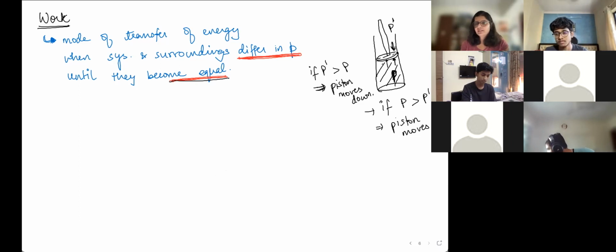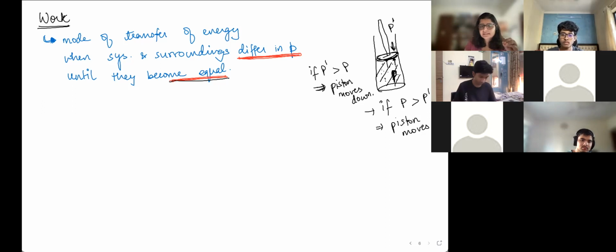So yeah, when there is a difference, when the volume, temperature, or pressure ends up changing inside this gas, that means there is a change in energy, right? A change in temperature is a change in internal energy, right?